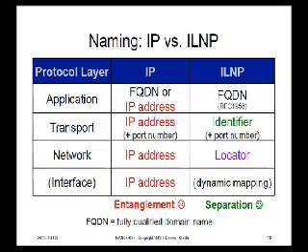It tries to separate the layers, so disentangle them, by introducing a couple of new namespaces. So first of all, at the application layer, we try to encourage people to use fully qualified domain names only, and in fact this is in keeping with RFC 1958, which says that applications should normally just use FQDNs and shouldn't use addresses.